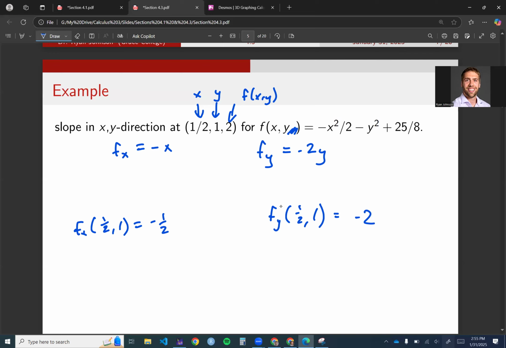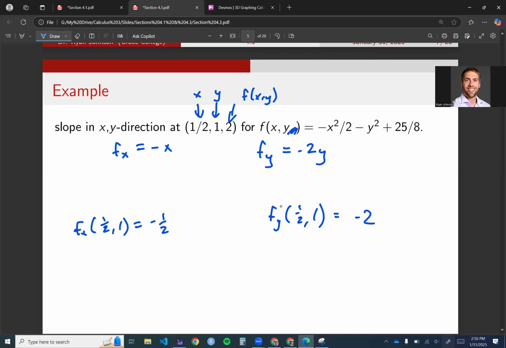My picture of the x direction is this way. Well, let's do right hand rule. X is out of the board. And then this is my slope if I'm walking in a positive y direction.